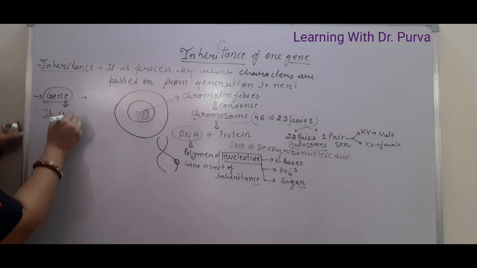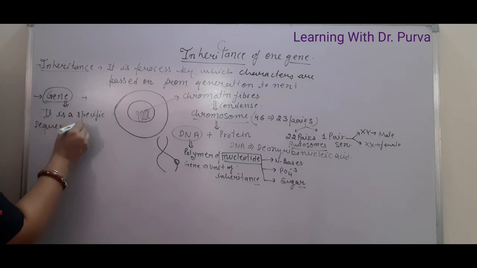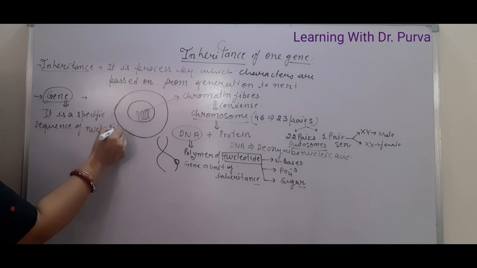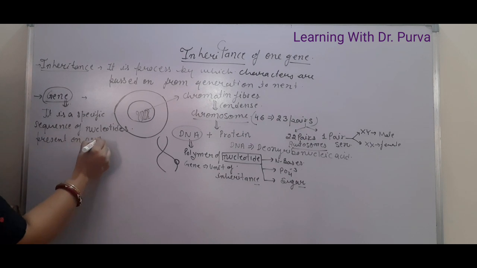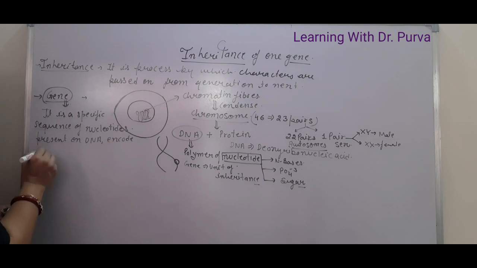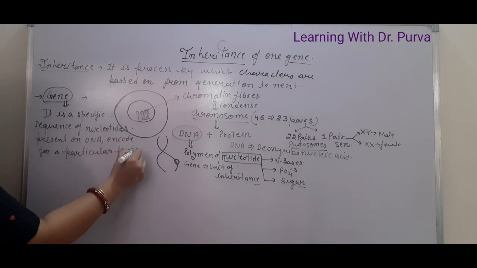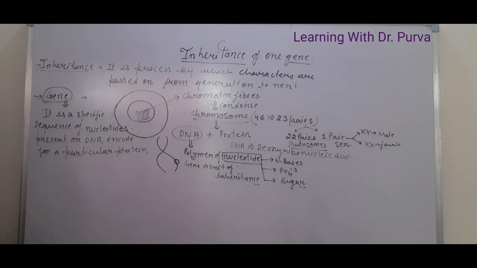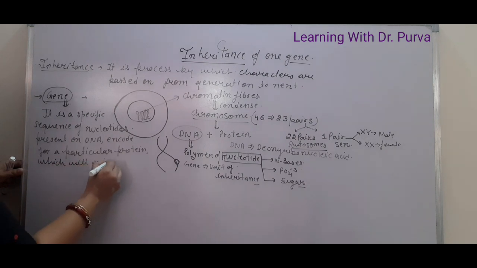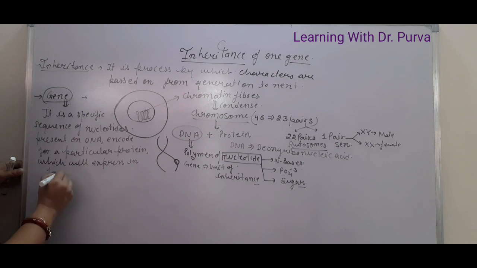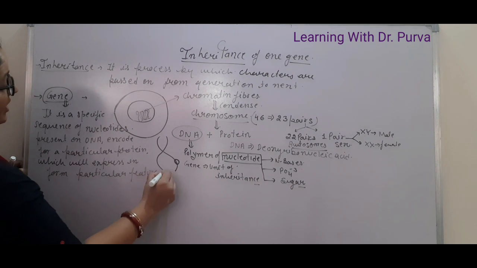A gene is a specific sequence of nucleotides present on DNA that codes for a particular protein and which will express in the form of a particular feature of the body. That's the complete definition of the gene.